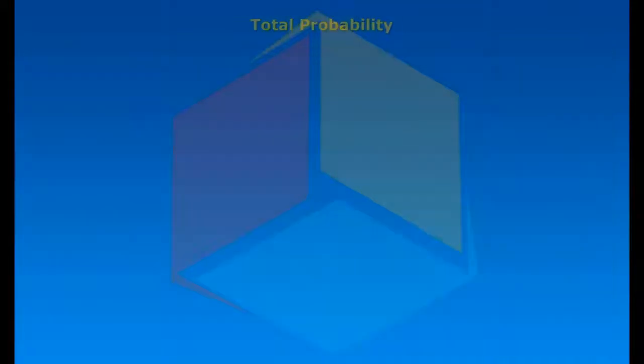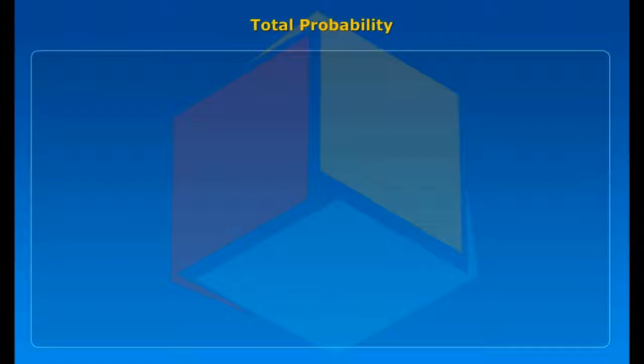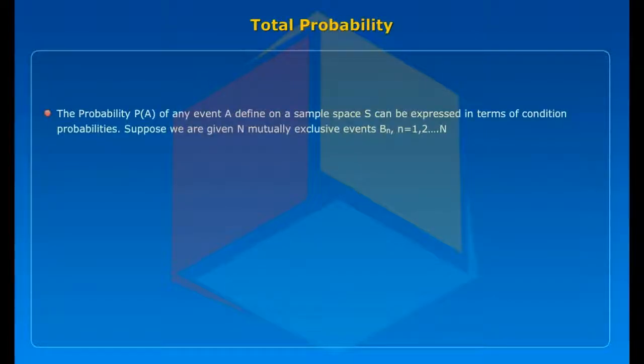Total probability. The probability P(A) of any event A defined on a sample space S can be expressed in terms of conditional probabilities. Suppose we are given N mutually exclusive events Bn, where n is equal to 1, 2, and so on up to N. These events satisfy Bm ∩ Bn = φ, where m is not equal to n.